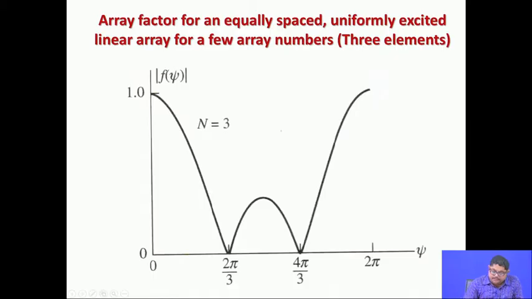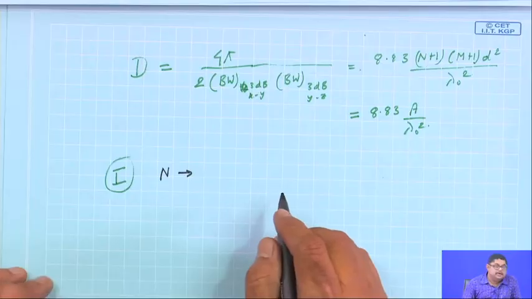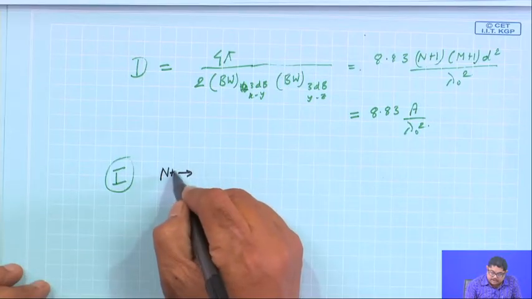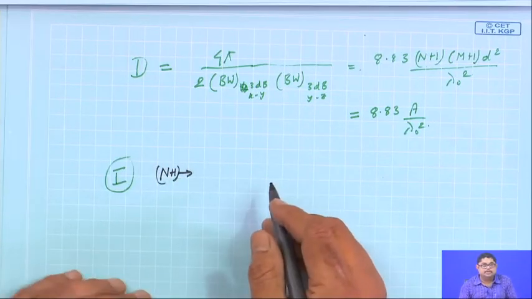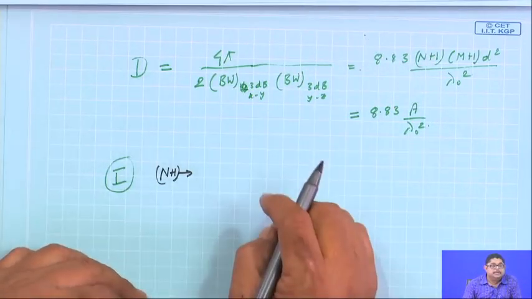The first one is that as n increases, n or n plus 1, in our case we are always considering n plus 1 an odd number, because we are placing a central element at the coordinate origin of our array.